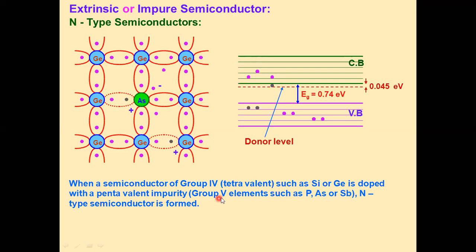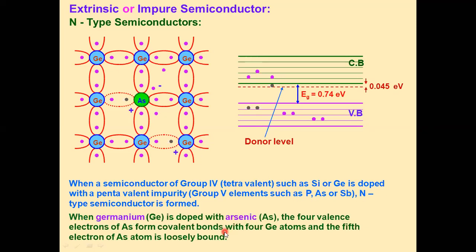When the semiconductor of the fourth group, that is silicon and germanium, is doped with a pentavalent element, for example phosphorus, arsenic, and antimony, then the N type of semiconductor is formed.